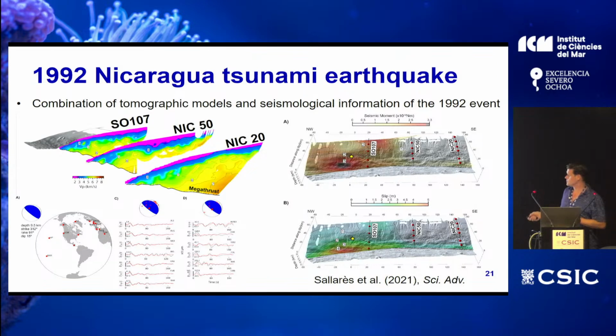Basically, with the combination of the upper plate elastic structure and the wave field of the earthquake, we were able to calculate the slip distribution, rupture duration, and seismic moment. In summary, the results explain the large slip near the trench, the slow duration of the earthquake, and the moderate shaking of the event.